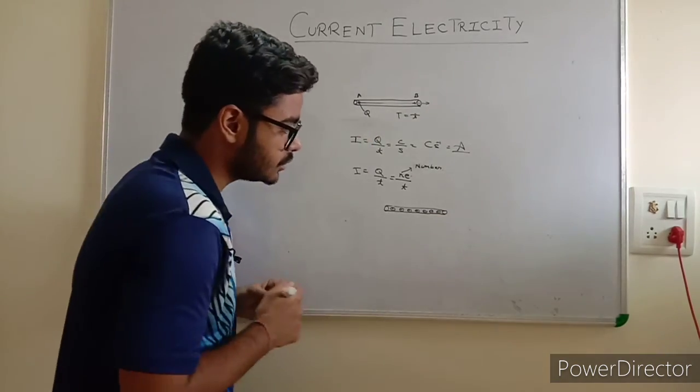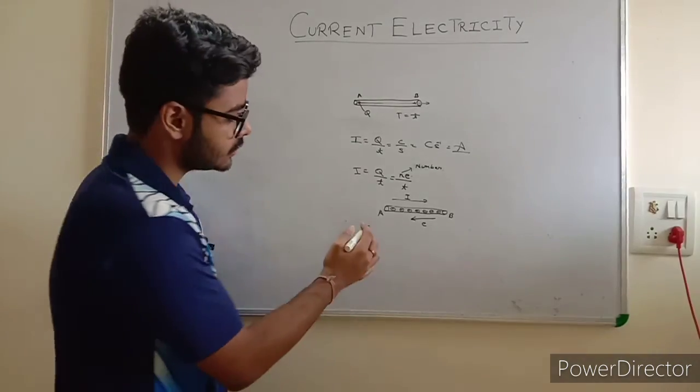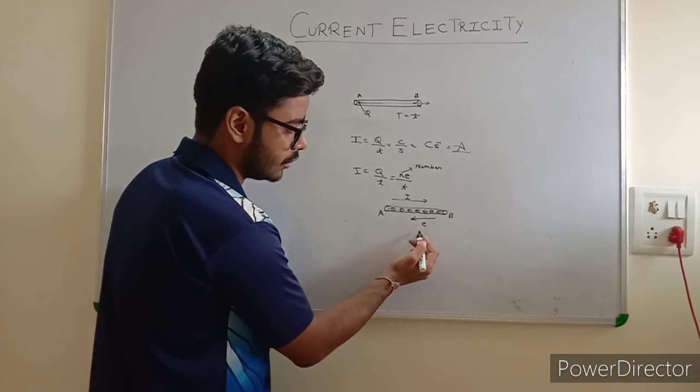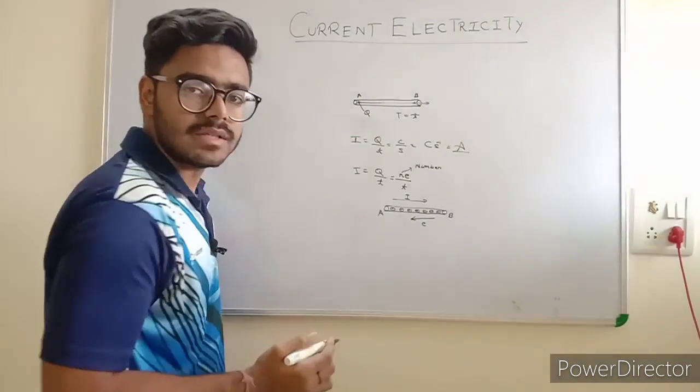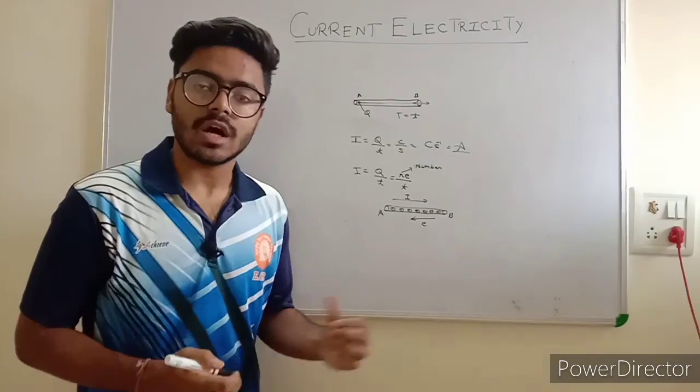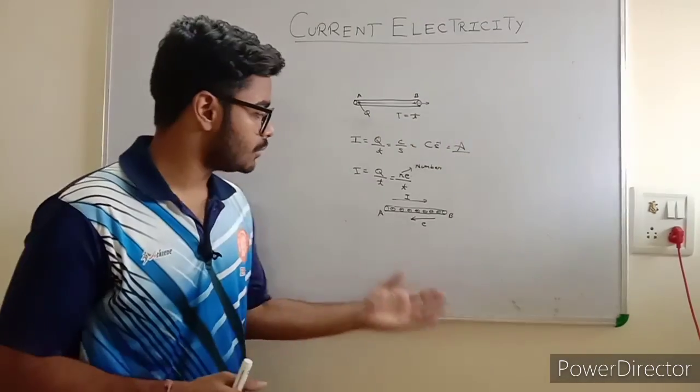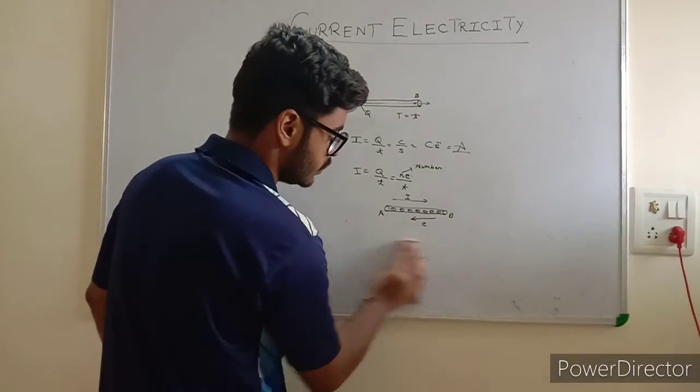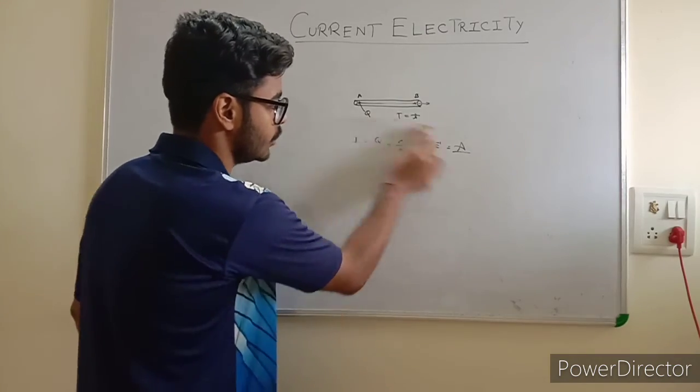If the current is going from A to B, then the electrons will be going from B to A. Means electrons always move to the opposite side of the current. Now you must have understood how the current flows.